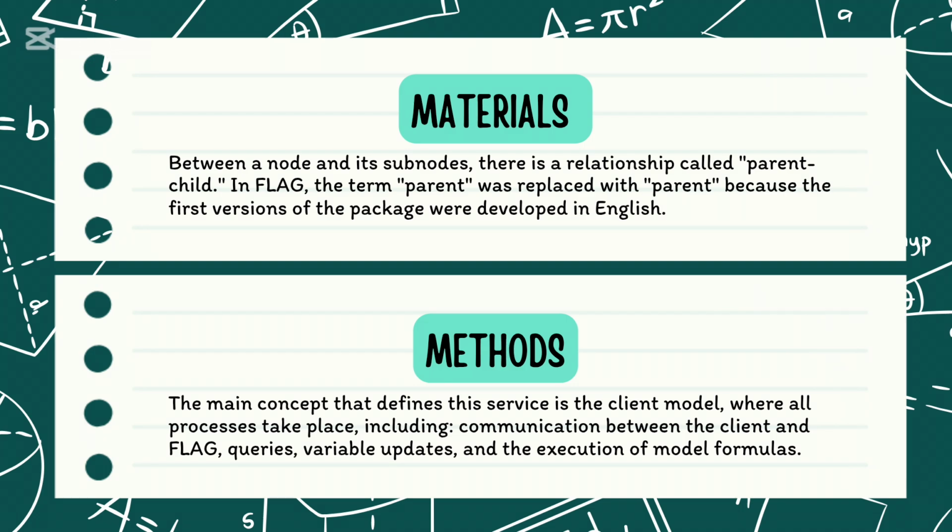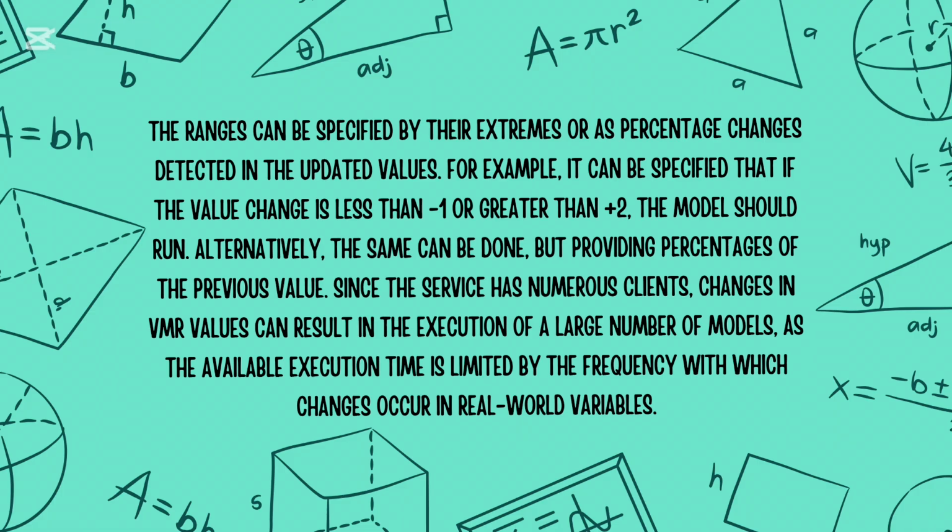The service provides updated values of various real-world variables, RWVs, and each client can include some of them in their models. For example, a producer can include the price of an input in the model.